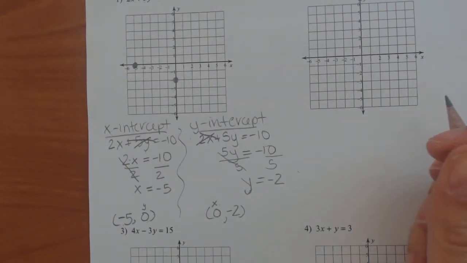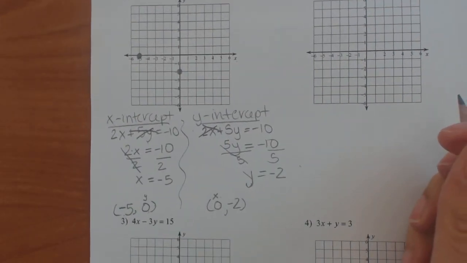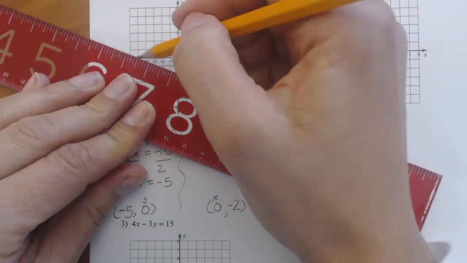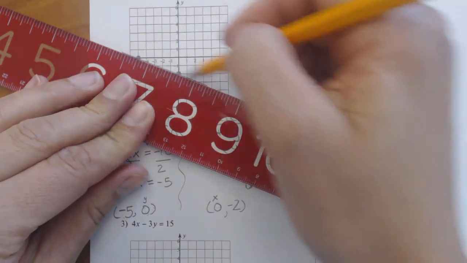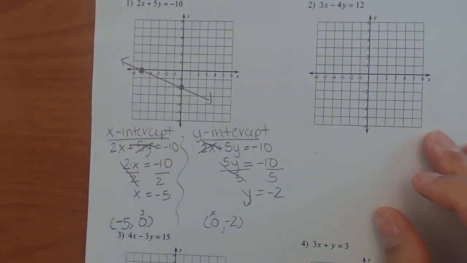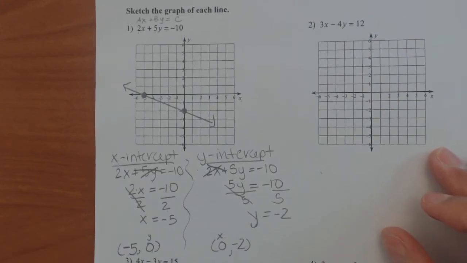After we have those 2 points, you're going to grab your trusty old ruler, swing it over here, connect them with a nice line, throw some arrows on that, and you are done. So that's how you graph an equation in standard form using x and y intercepts.